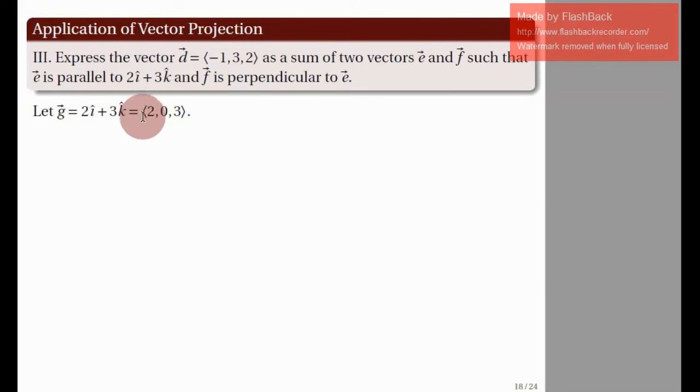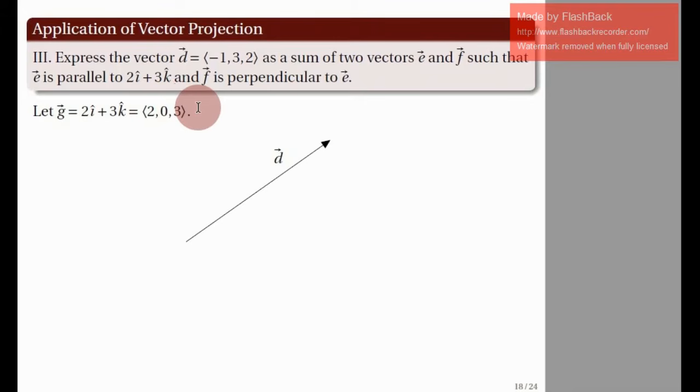Expressing it in the usual vector notation, we just need to look at the coefficients of each standard basis vector. Here though, we can think of it as having a plus 0 j hat. And so the second component is 0 and these are the other components of vector g. Maybe let's try to consider a diagram of our vectors.